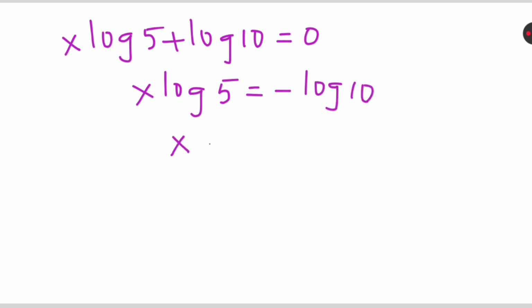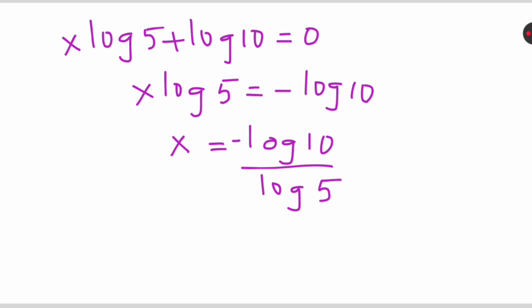Then dividing both sides by log 5, you will get x equal to minus log 10 over log 5. If you want to simplify this, we can write this 10 as 2 times 5 and do a few more steps. Otherwise we can stop here only. The x value is minus log 10 over log 5.